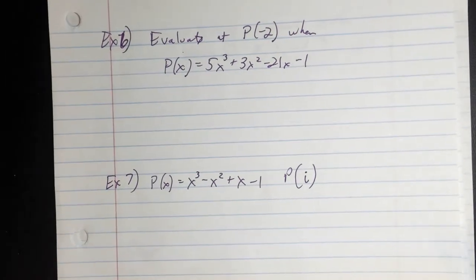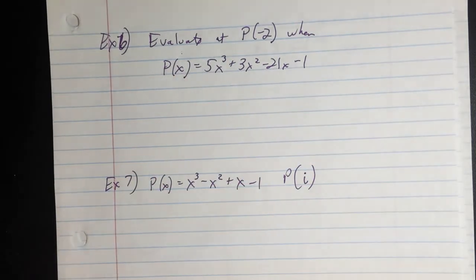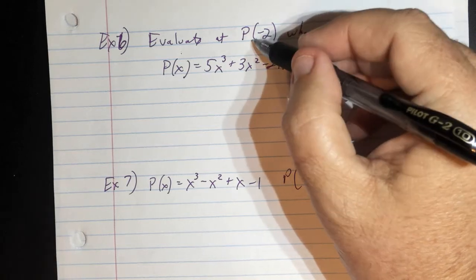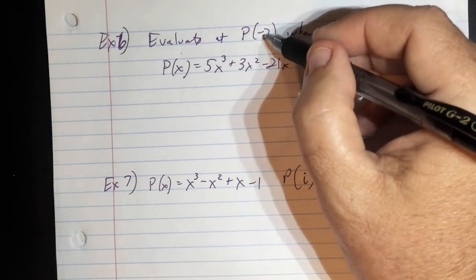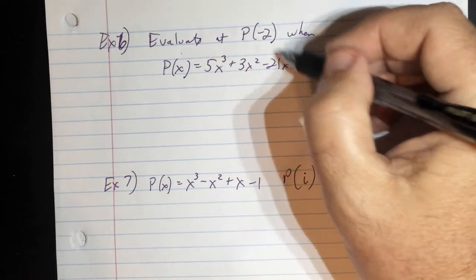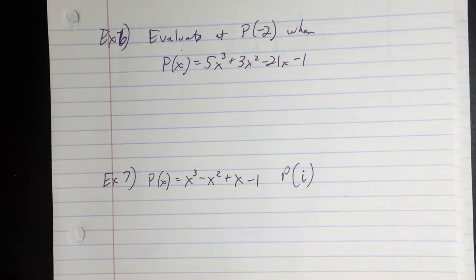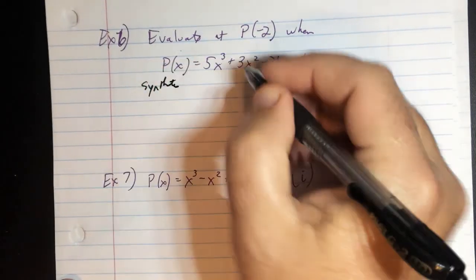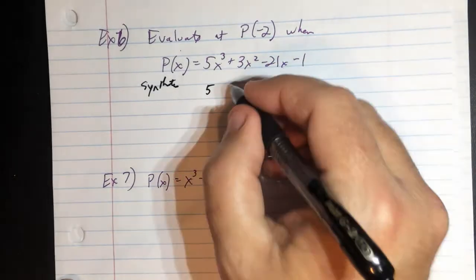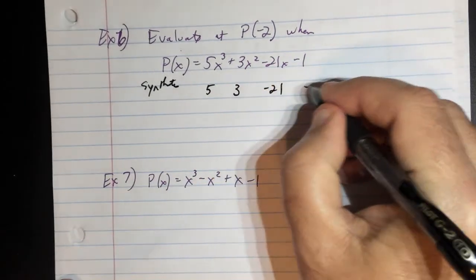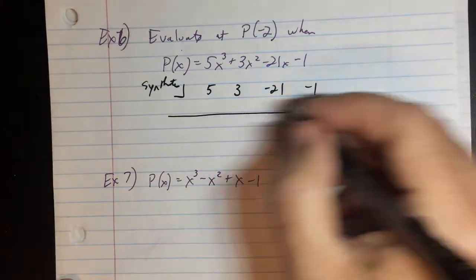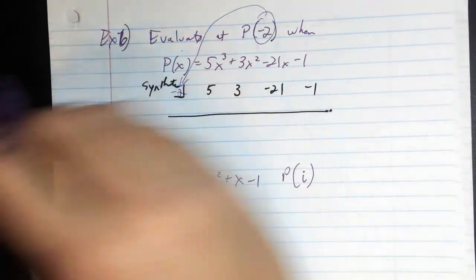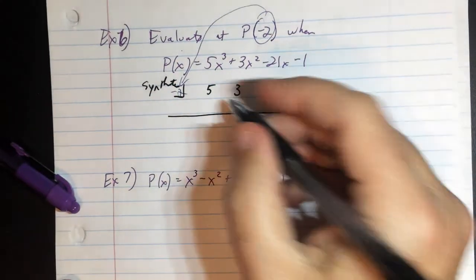In terms of synthetic division, we can actually evaluate a polynomial at a certain number. Normally, if I asked you to find p of some number, we've done this before, we just put negative 2 here, here, and here, and figure out what the number is. However, you can do this using synthetic. Again, make sure it's in order. 3, negative 21, negative 1. And in the box, we're going to put the negative 2.